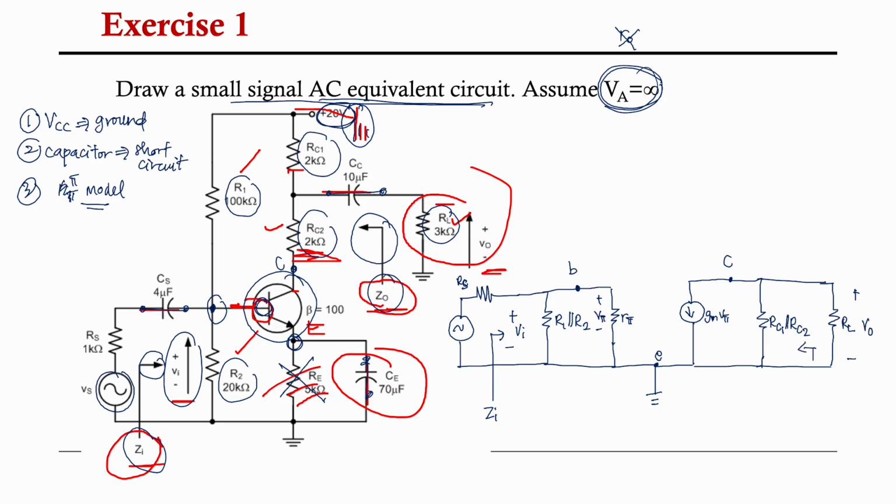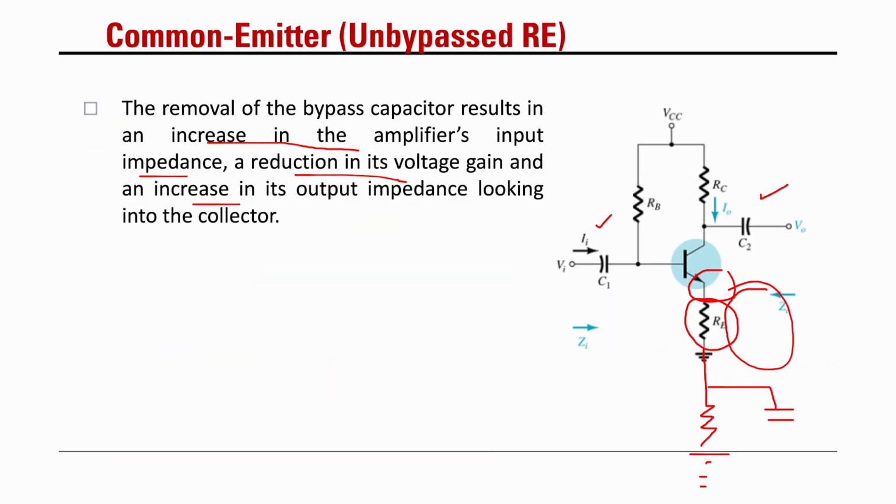So this is your small signal AC equivalent circuit. This is the answer. Okay, now let's look at the next discussion, which is regarding the common emitter unbypassed RE.